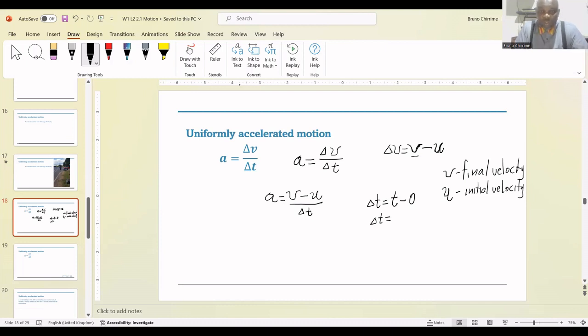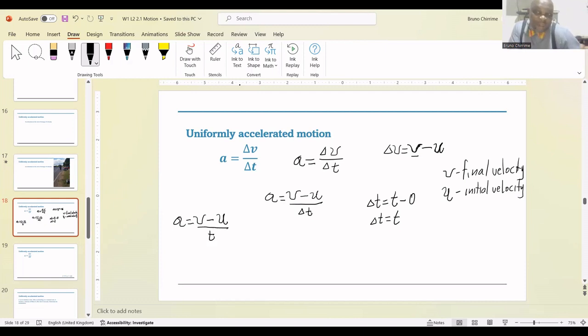So therefore, acceleration becomes the change in v over time. So that is final velocity minus initial velocity divided by time. But this doesn't look that beautiful. Let's make it look a little bit fancier by multiplying by t both sides. Let's write the equation again so we can see what we're doing. We multiply by t both sides.